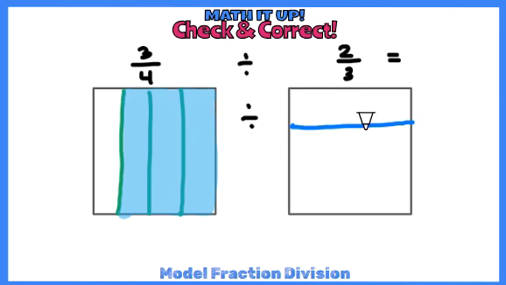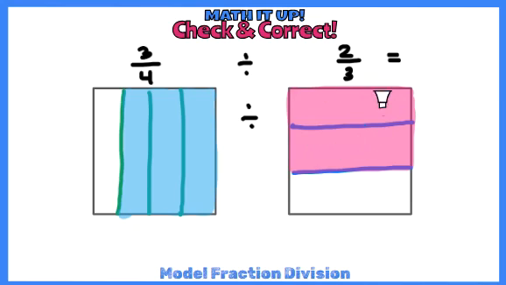So 1, 2 lines gives us 3 sections, and we're going to highlight 2 of them. 1 and 2. Let's get that highlighted.